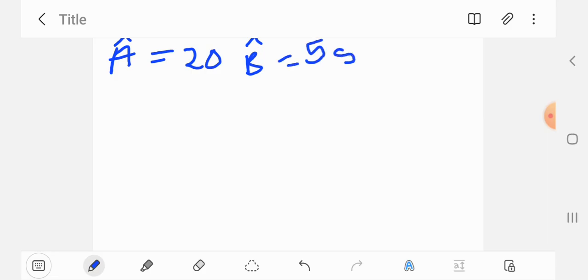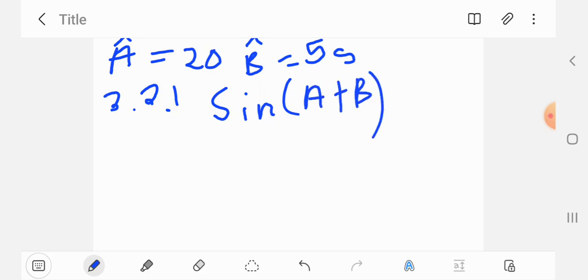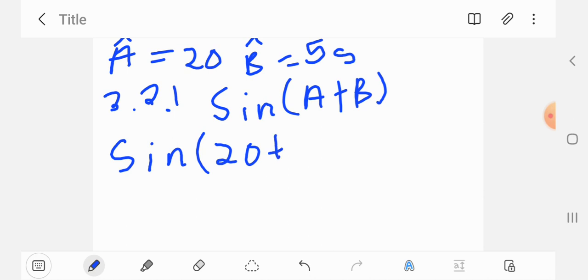All right, so we have angle A equals 20 and angle B equals 55. So on number 3.2.1 we have sine (A plus B), so that will be sine (20 plus 55).